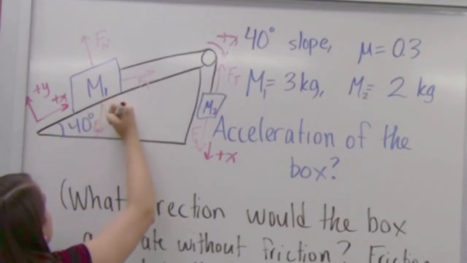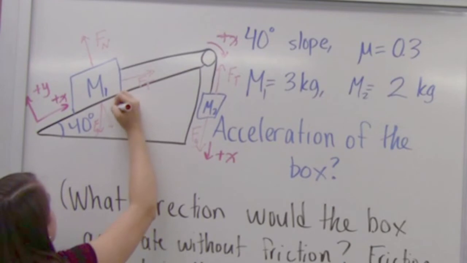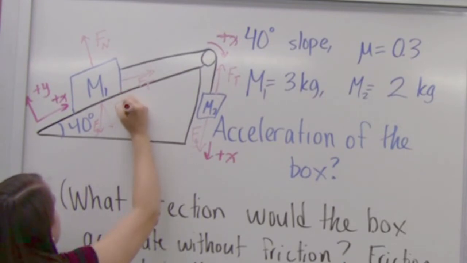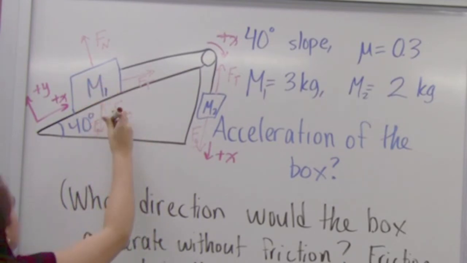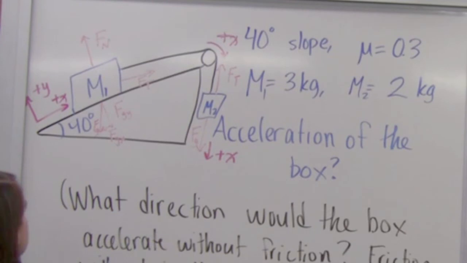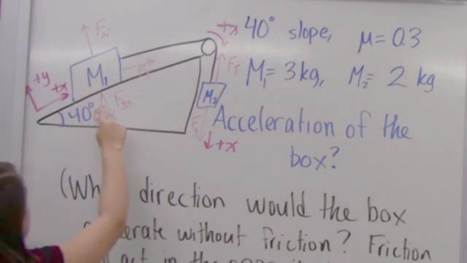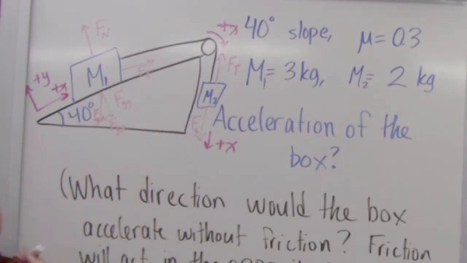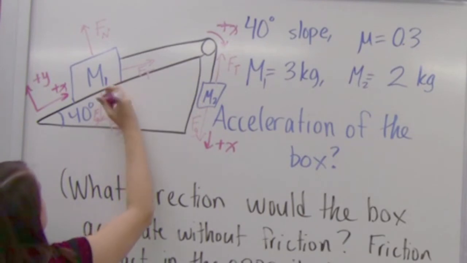I now have to make components such that my y component is this way, in the negative y direction, and my x component is this way, in the negative x direction. This is a similar triangle to this larger one, so this is going to be a 40-degree angle.